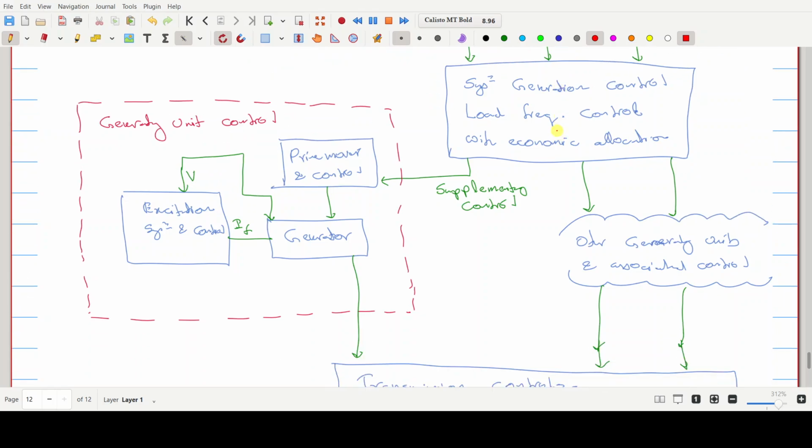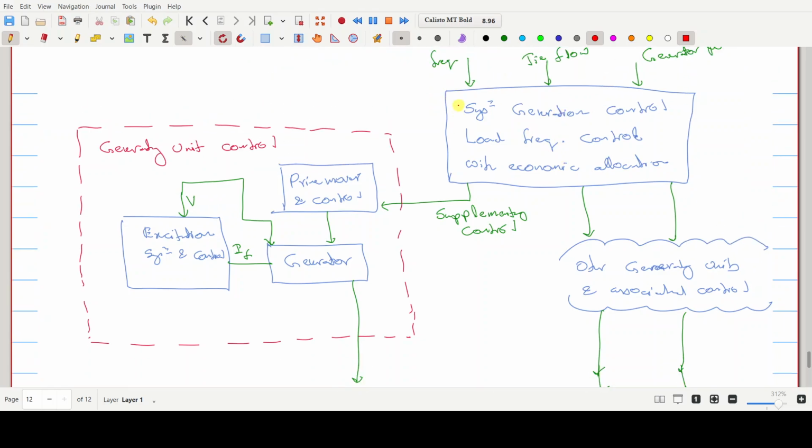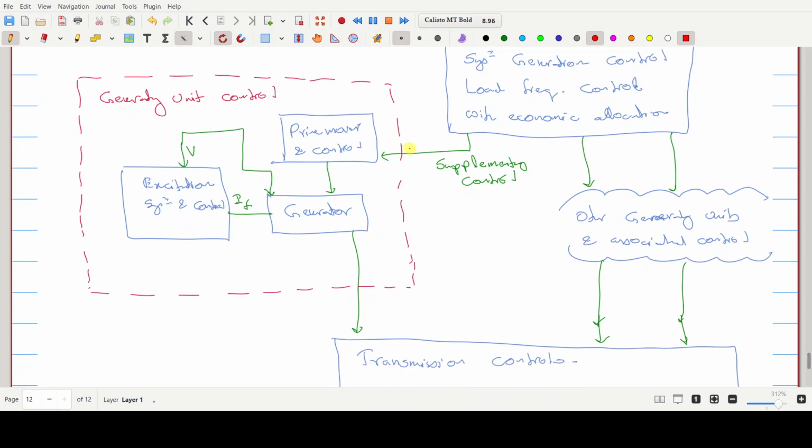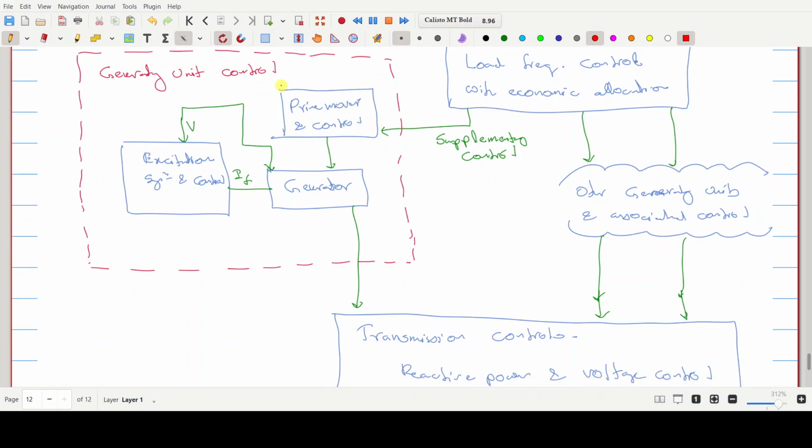And then it sends this information to the generating unit control, which we have seen earlier, which includes the prime mover, generator, and the excitation system control.